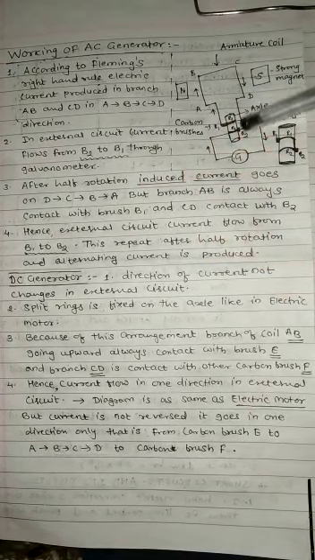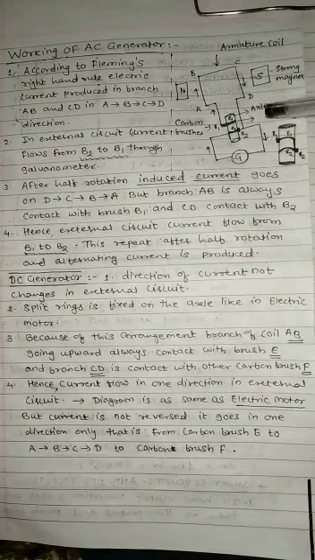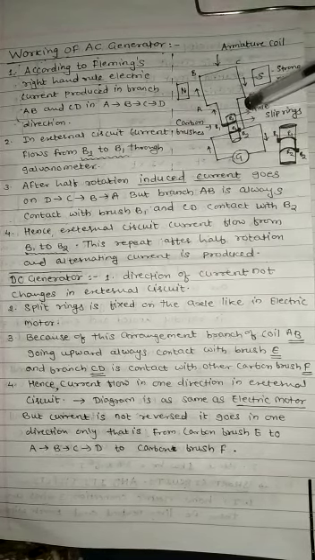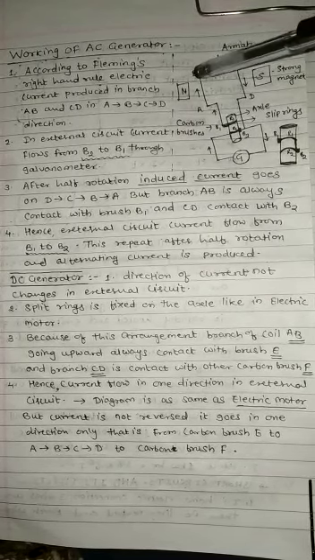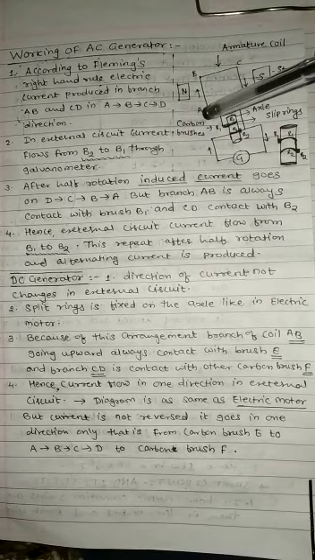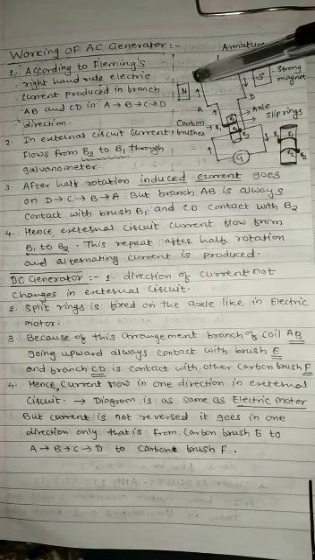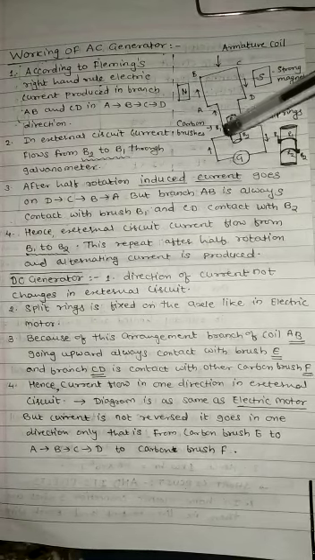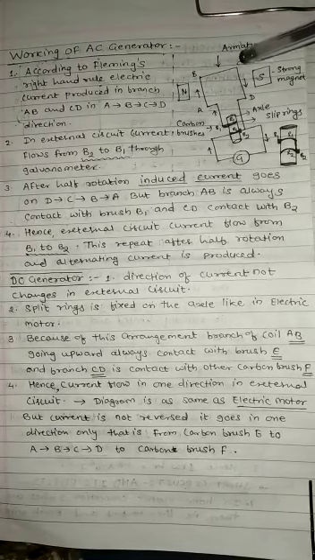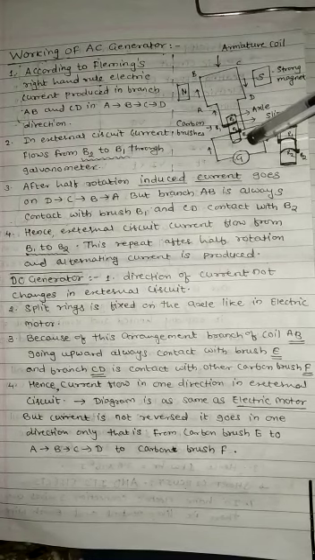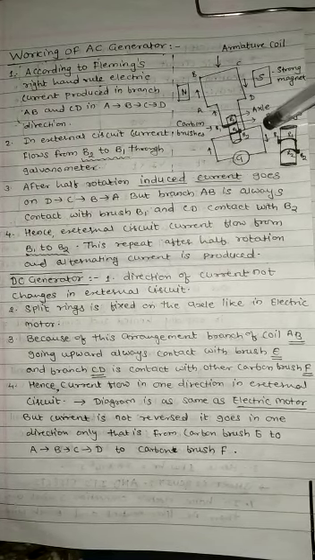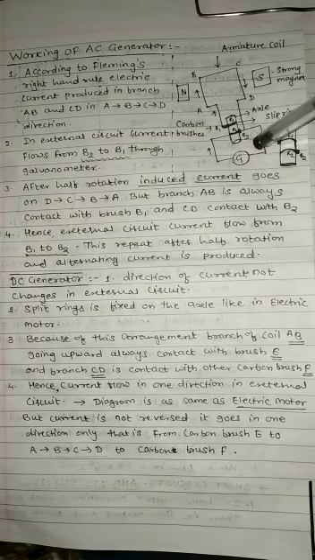After half rotation, the direction of the current is changed, that is from D to C, C to B and B to A. But branch AB is always in contact with carbon brush B1 and branch CD is always in contact with carbon brush B2. So the external current is from B1 to B2.